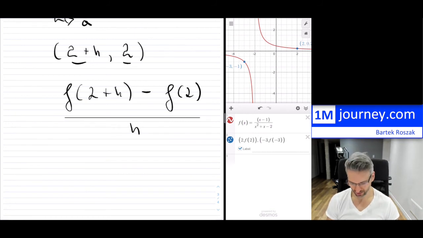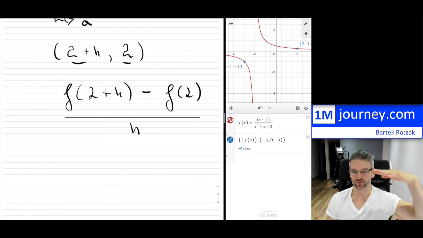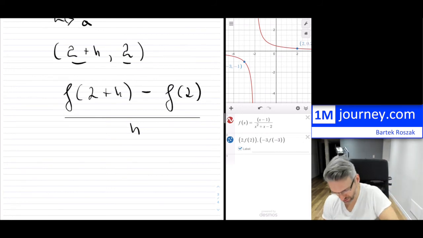So let me try to simplify this. Let's see what we get. It's supposed to be negative and small in terms of my tangent line. So I'm not going to substitute anything for h yet. I'll try to see if I can manipulate this through.